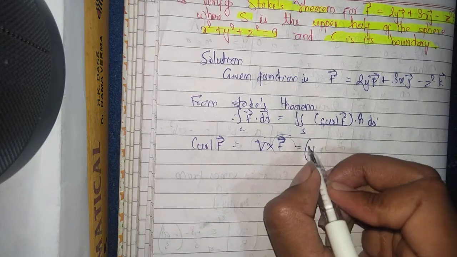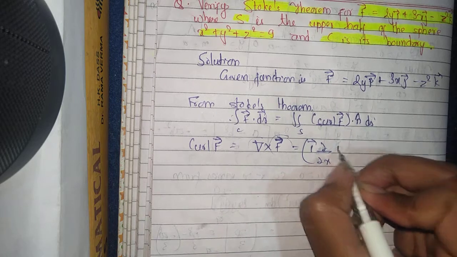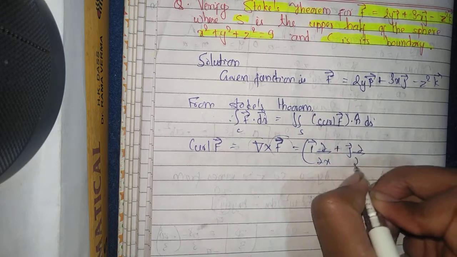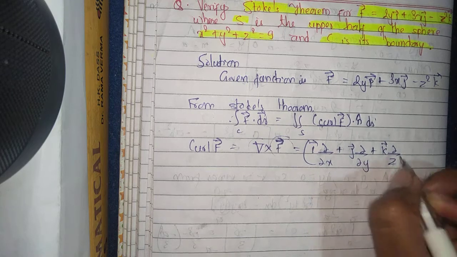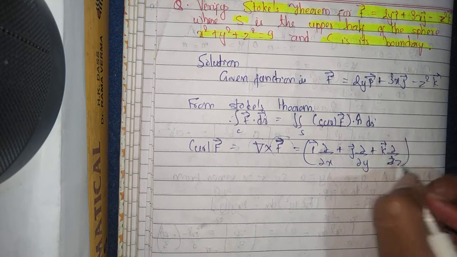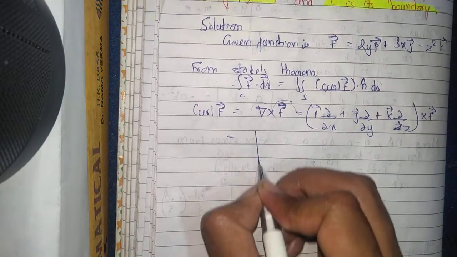The value of nabla is i del by del x plus j del by del y plus k del by del z, cross f vector. Now let us express it in determinant form.